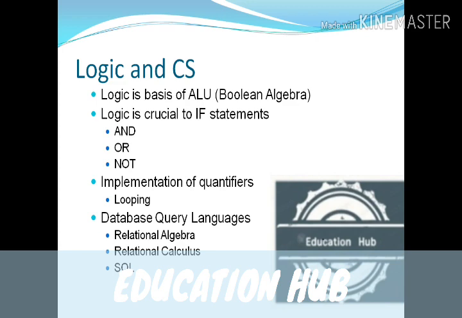Here I am explaining logic and CS. Here the logic of the basic ALU also follows Boolean algebra. The logic of the crucial if statement, that is and, or, not, all are given here.